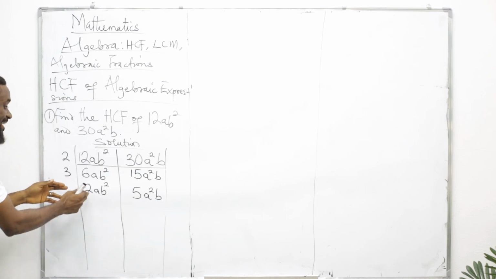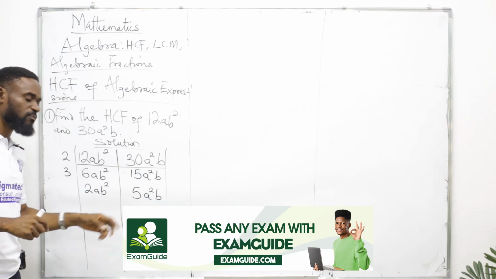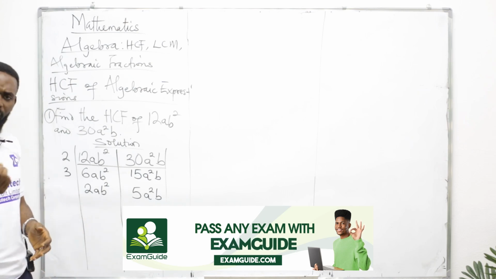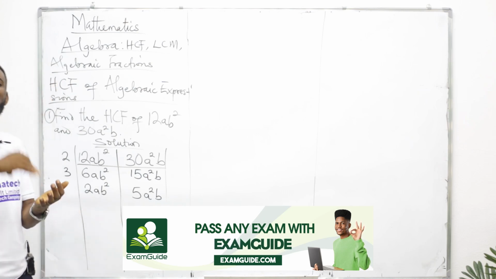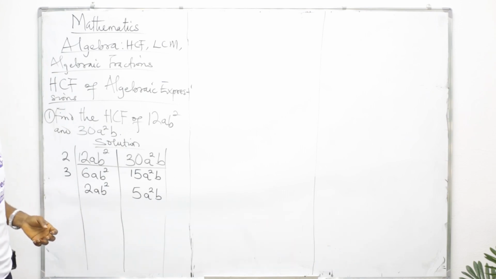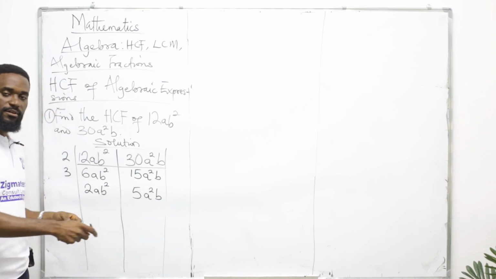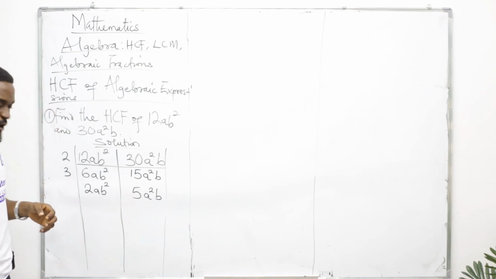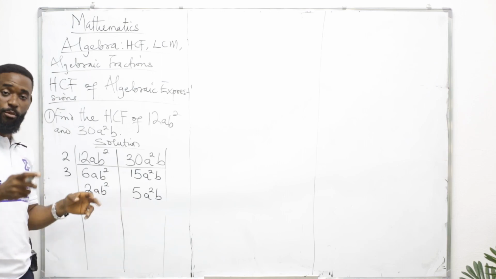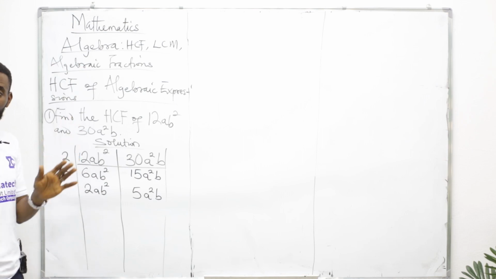Now we are still on the real numbers. We look at 2 and 5. You ask yourself, do we have any number that is a factor of 2 and 5 that is common? Of course, 1 and 2 are factors of 2.